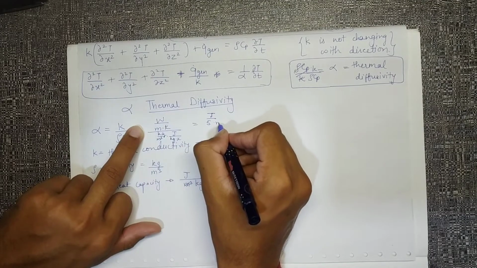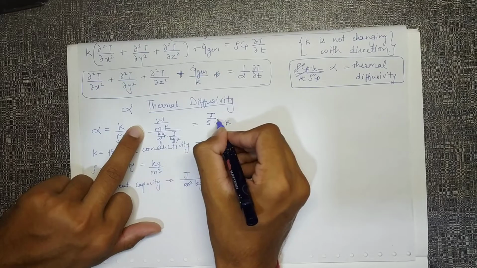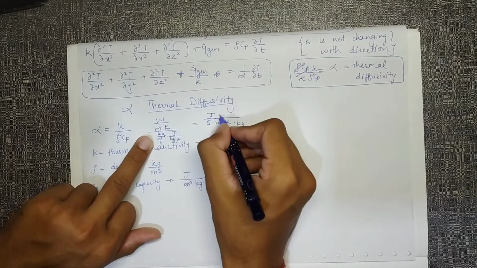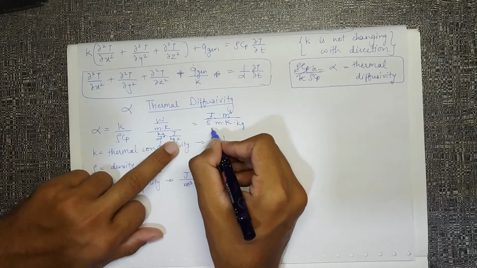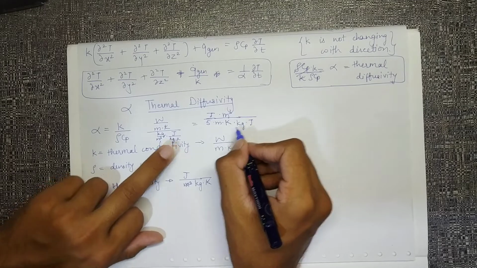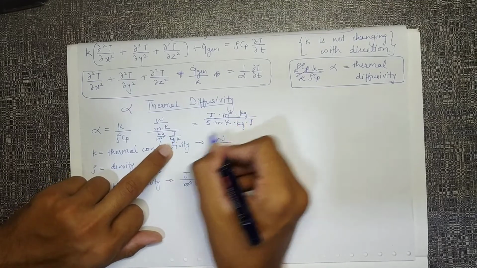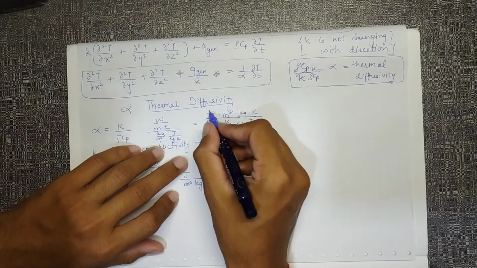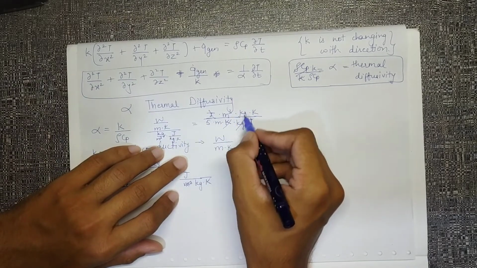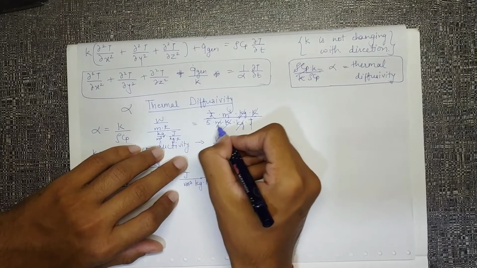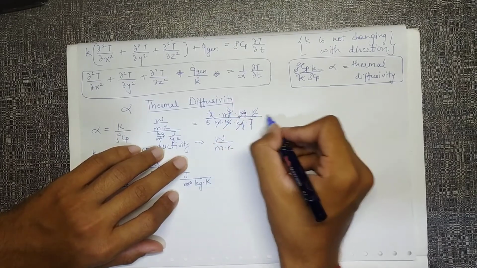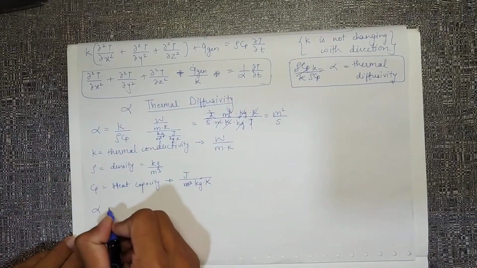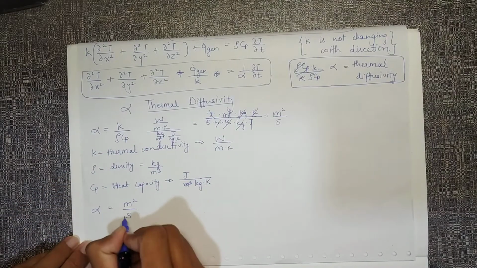Then I have meter in the denominator, Kelvin in the denominator, this kg in the denominator, this meter cube goes into the numerator, this joules is in the denominator, this kg is in the numerator, this Kelvin is in the numerator. Okay, so now my joules and joules get cancelled, kg and Kelvin get cancelled, this meter cancels, so I am left with meter square per second. So my unit for alpha is meter square per second.